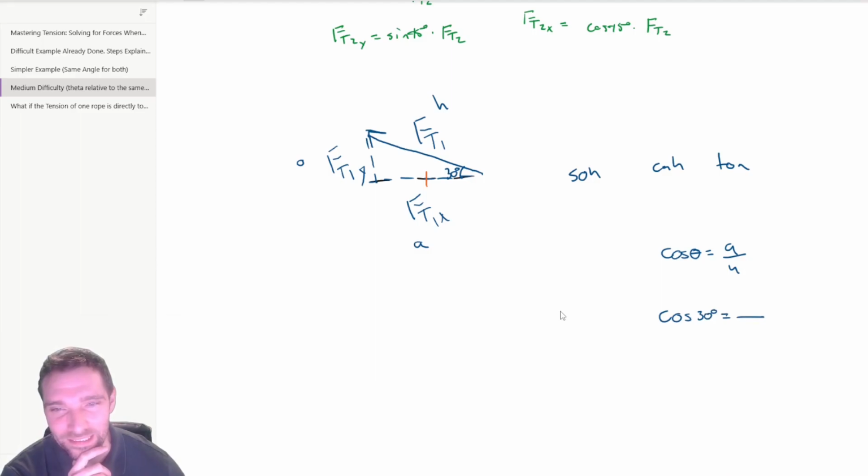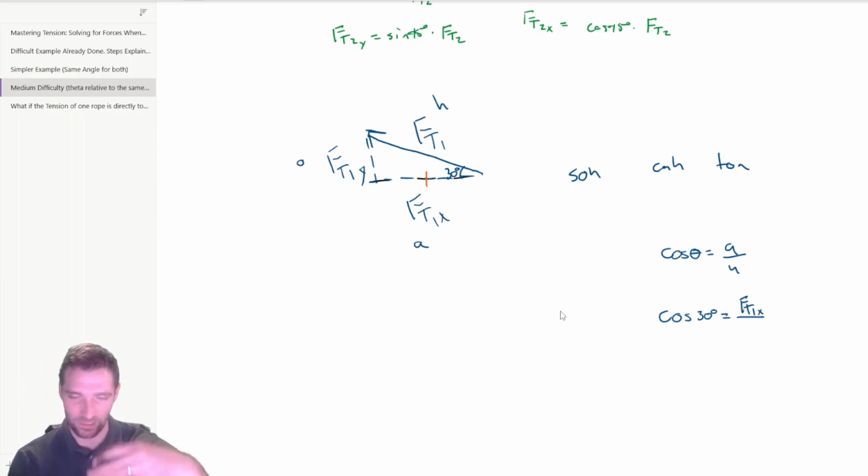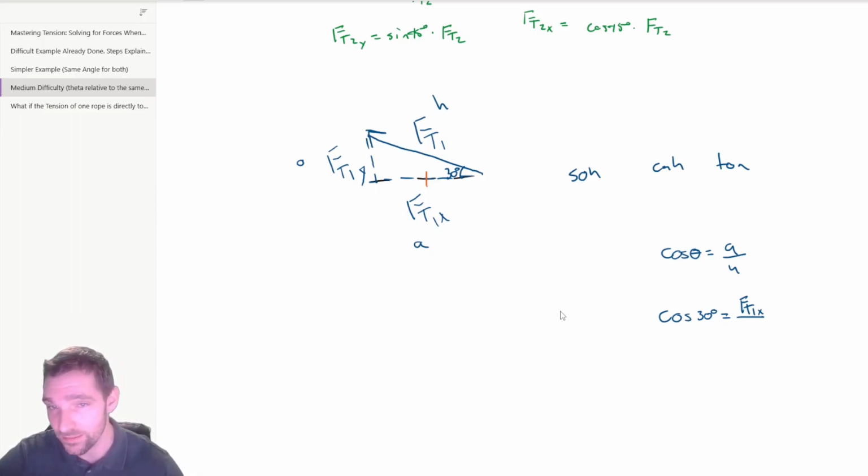And then you can see, oh yeah, the ft1 in the x-axis is related to the y in this context of this problem. When we're doing the theta relative to the x-axis, that works out nicely for both of these. And then we've got ft1 right there. And you can rearrange. ft1x is now equal to cosine 30 degrees times ft1.